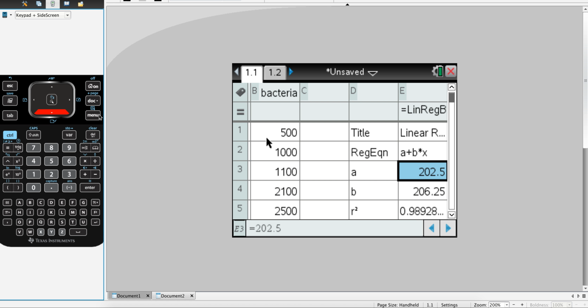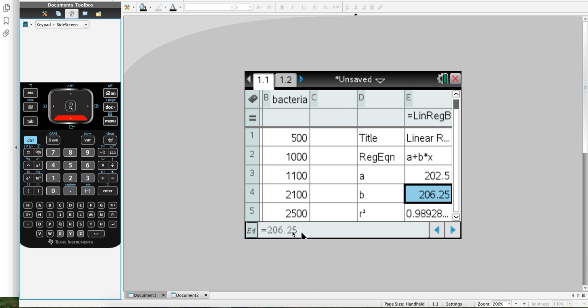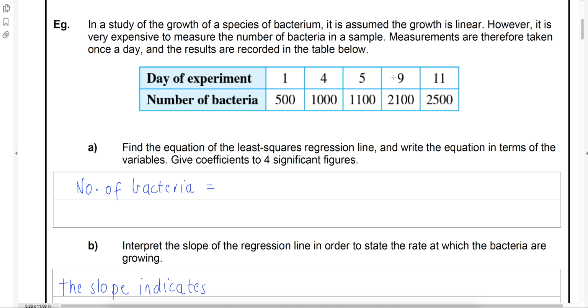Okay, here is my A value and my B value. Now I want 4 significant figures. So 202.5, that's already to 4, and 206.3 when I round this one, round that 2 up to 3, because the next value is 5. So I had 202.5 was my A value.